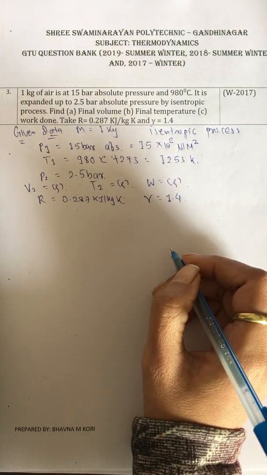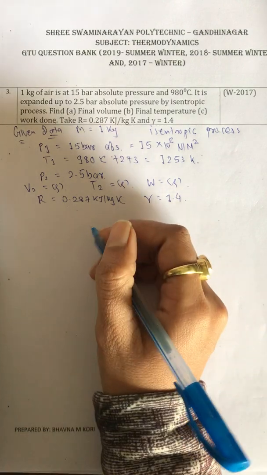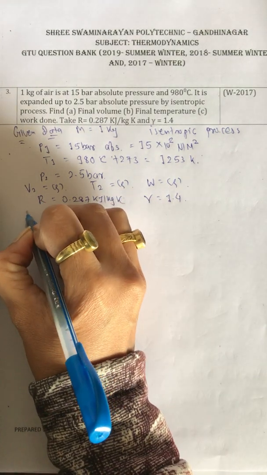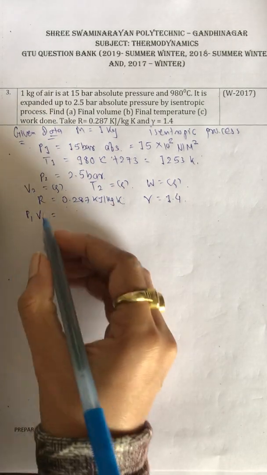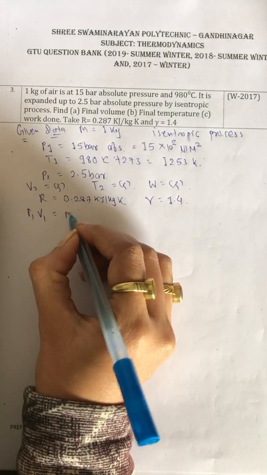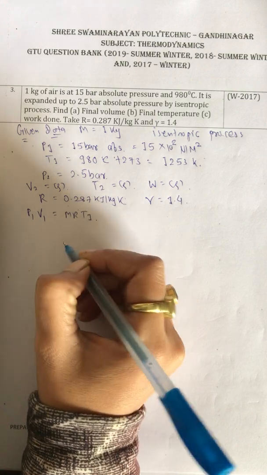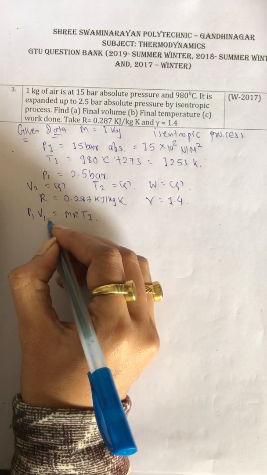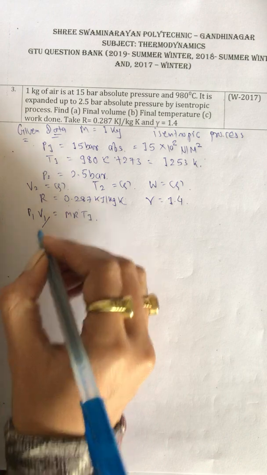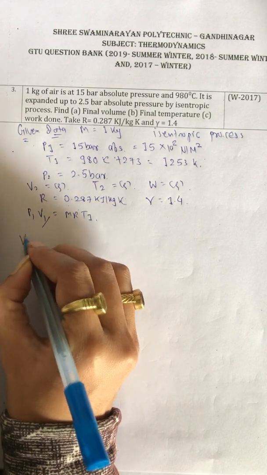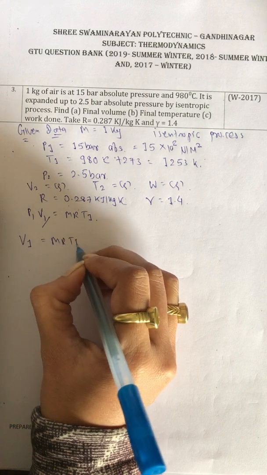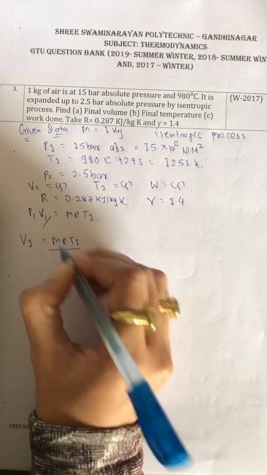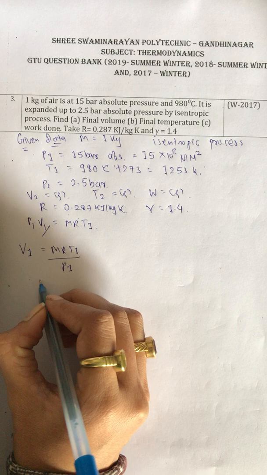Okay, so first of all we know the characteristic gas equation, that is P1 V1 is equal to mRT1. From this equation we can find the value of V1. So make V1 the subject. V1 is equal to mRT1 by P1. Put all the values that are given.